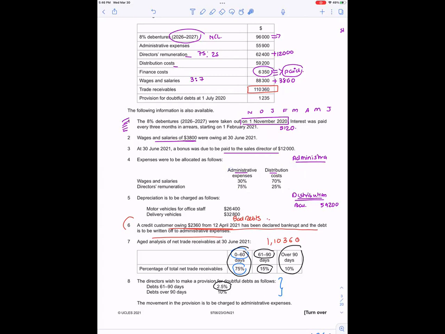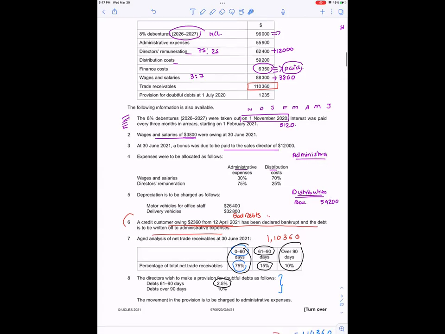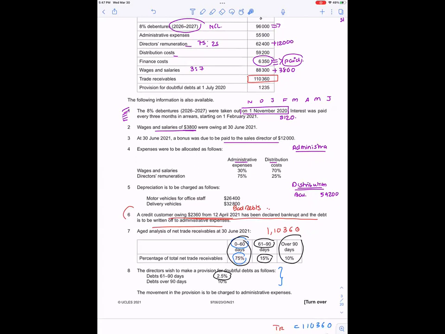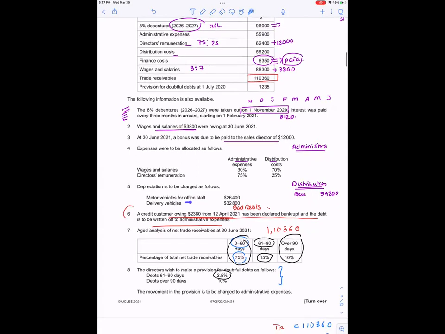Depreciation. Motor vehicles for office staff. Where will it go, administration or distribution? Administration, because it is for office staff.